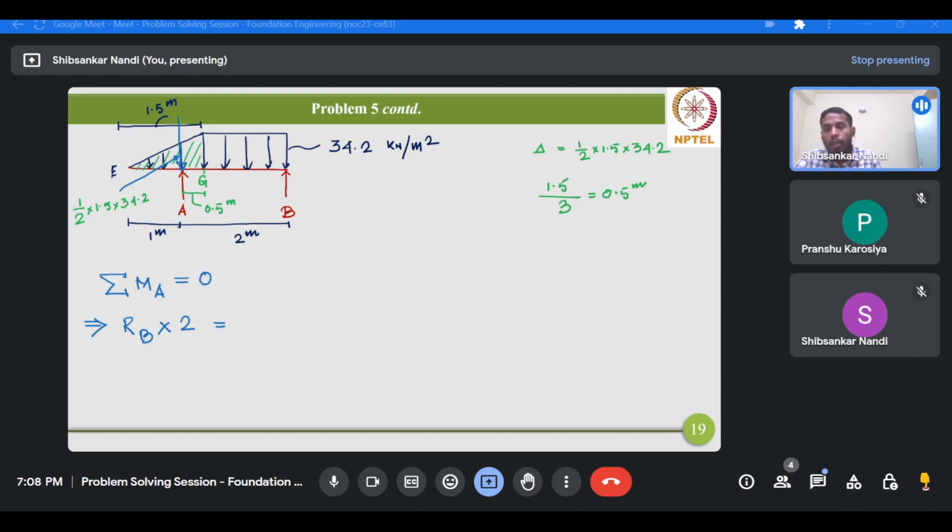So the lever arm would become 0, and therefore this resultant load will not create any moment.